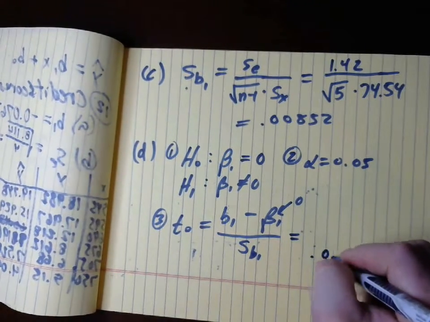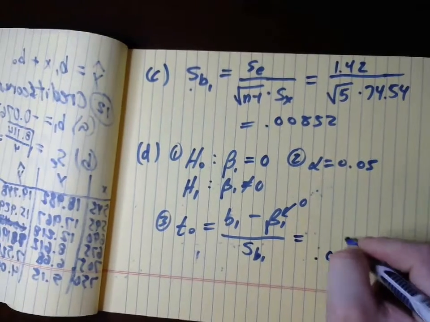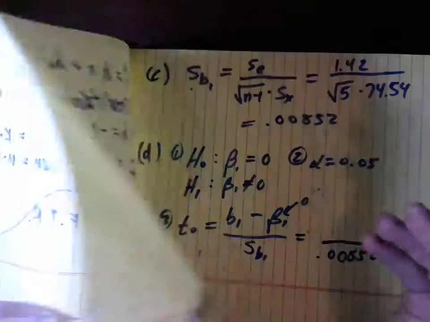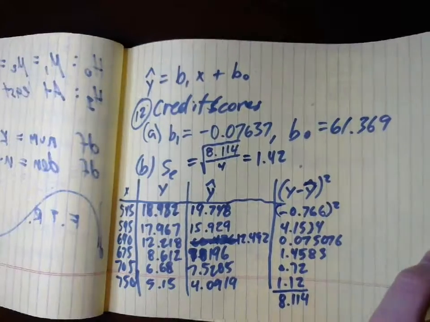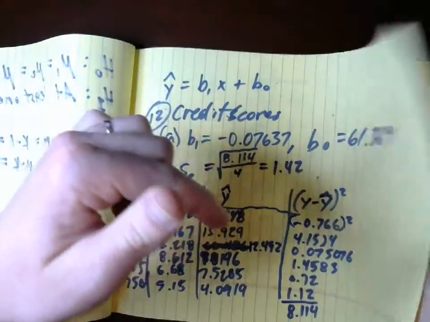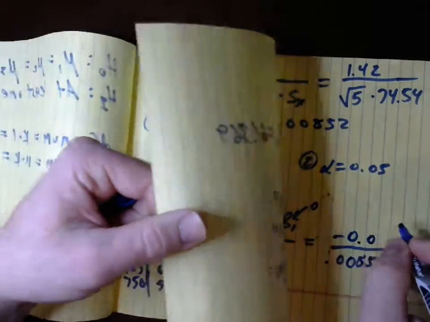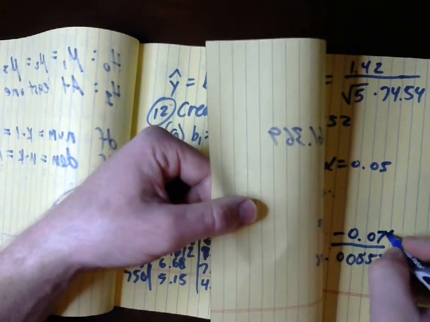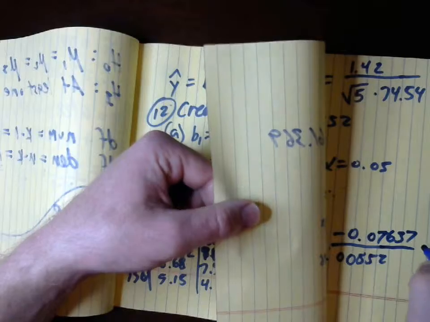And we know that that's 0.00852. And we know that B sub 1 we calculated back here is this value right here, negative 0.07637.